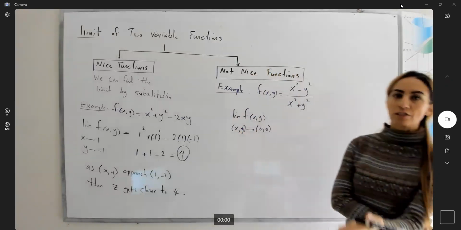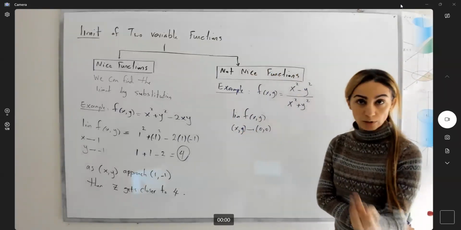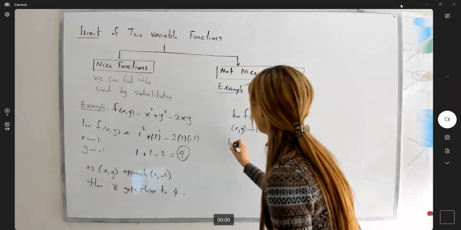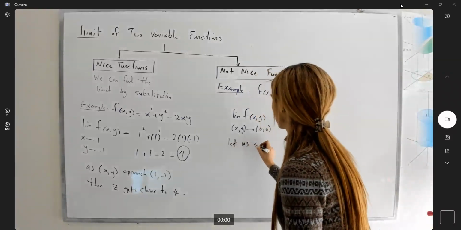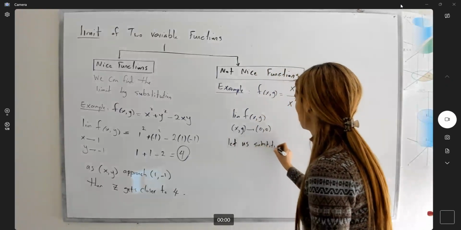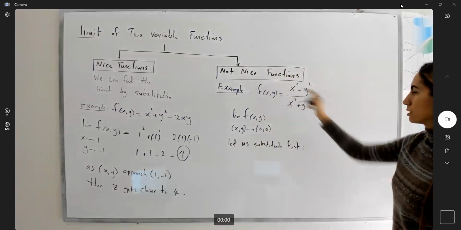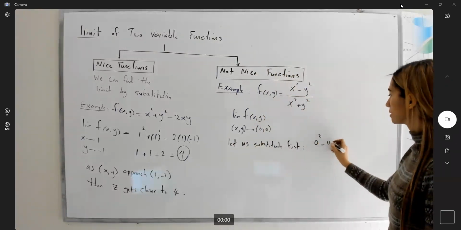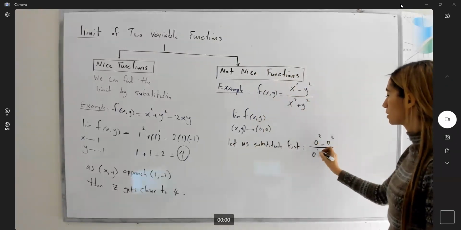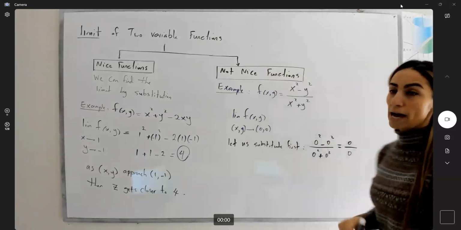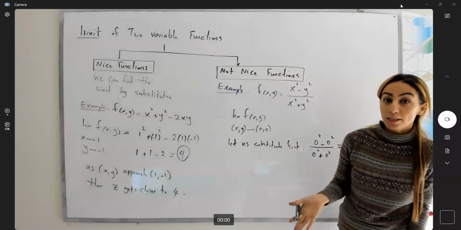Your very first reaction is substitution. Let us substitute first. 0 squared minus 0 squared divided by 0 squared plus 0 squared is 0 over 0. As we learned before, this is not equal to 0.